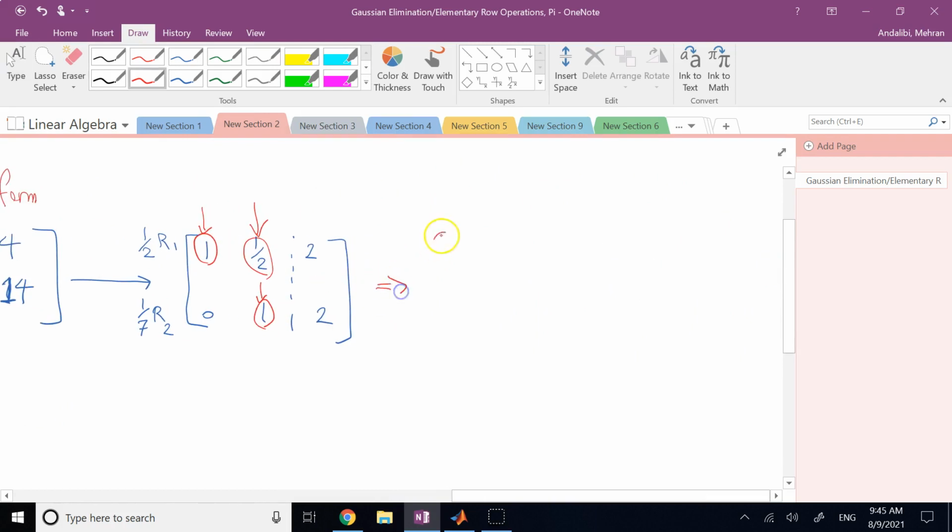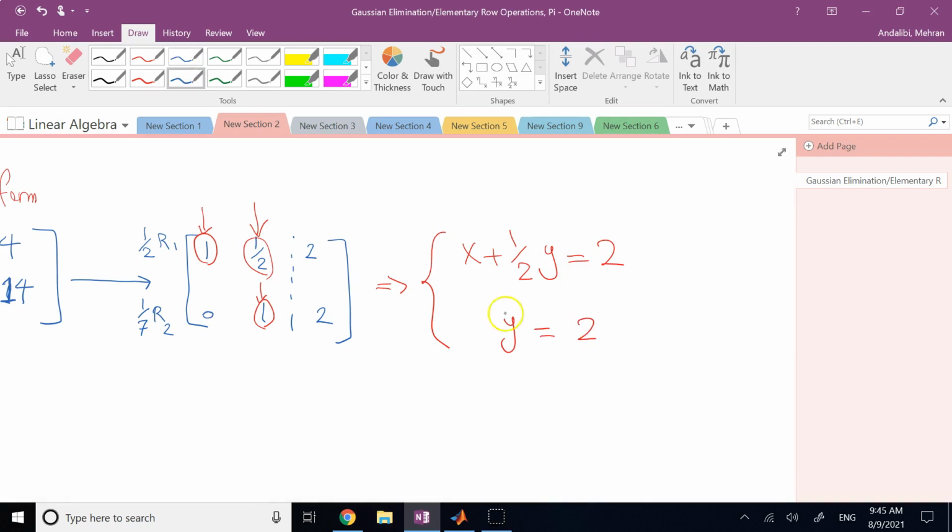If I rewrite it back into the XY form, remember the first row has to be multiplied by x and y, so you will get x plus 1/2 y is equal to 2, and then here is 0x plus 1y is equal to 2. So now you have one of your numbers already set, and then you plug it right into the next one.